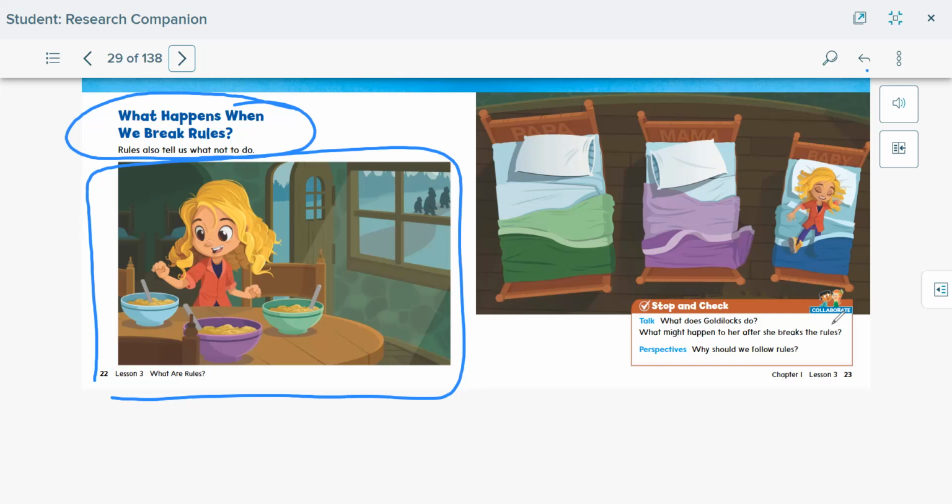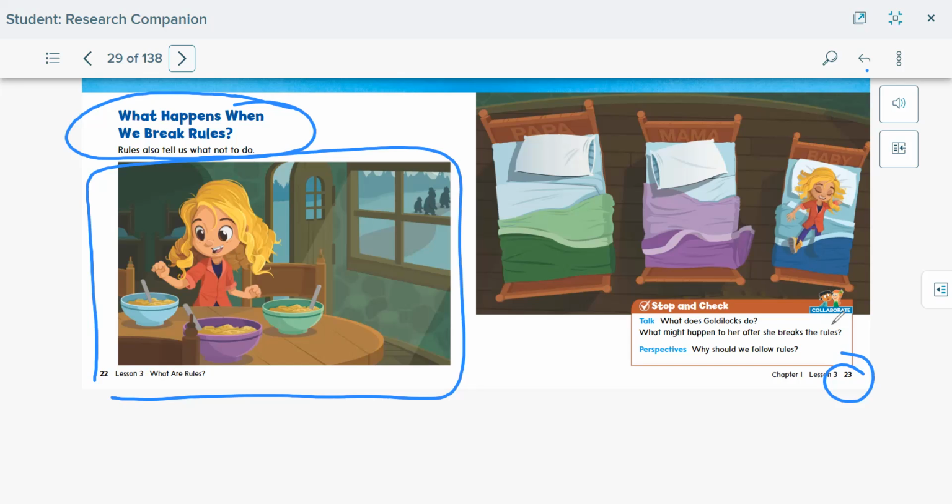Let's look over here on this next page. What does it look like Goldilocks did here? It looks like she slept in all 3 beds. She messed them up. Is that following rules? We're supposed to respect other people's property or things, right? And she didn't. She broke the rules.